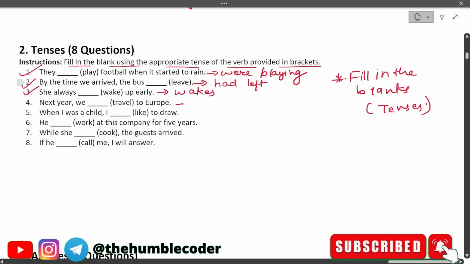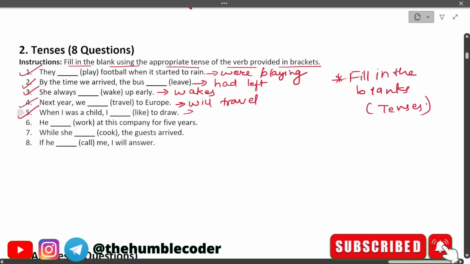Moving on to question number 4, which is, next year we ___ to Europe. The word that we have is travel. So the correct answer in this one is going to be, next year we will travel to Europe. This is future tense, right? We are talking about next year, which means future tense. Moving on to question 5, which is, when I was a child, I ___ to draw, and the word is like.